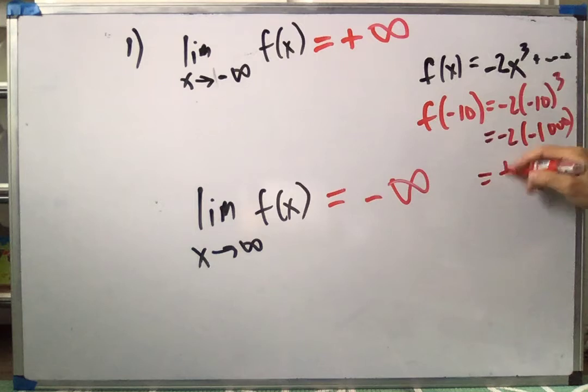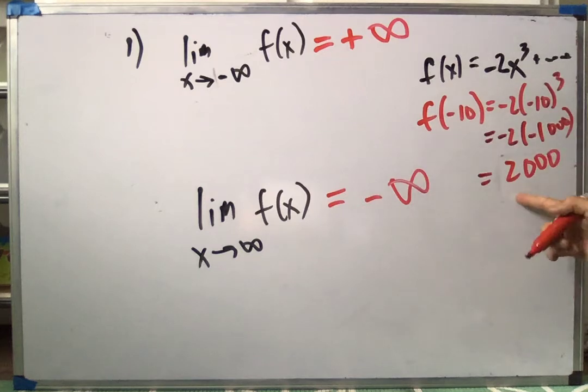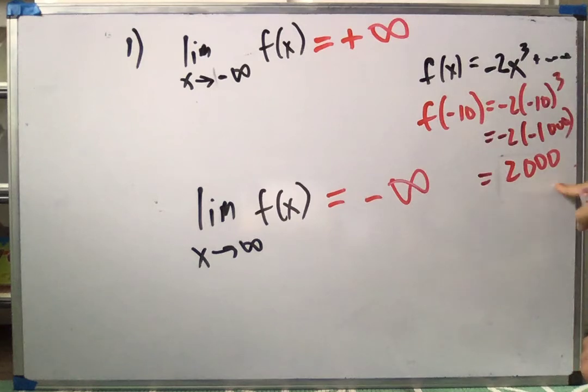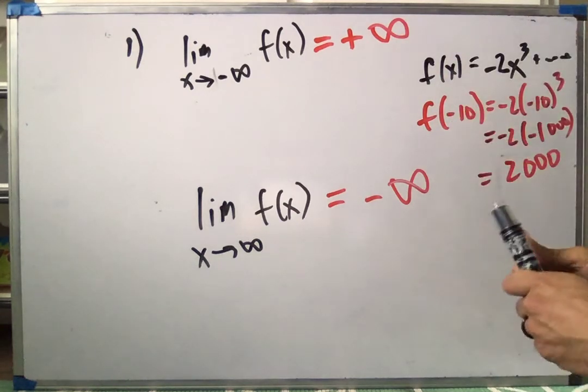Which is negative 2 times negative 1,000, which is positive 2,000. So you see already we're pretty big, just by sticking in negative 10. If I change this to 100, that's just going to tack on zeros here, so it's going to be a really huge number. And so we can see it's getting really big, and it's getting big in the positive direction, so that makes sense.